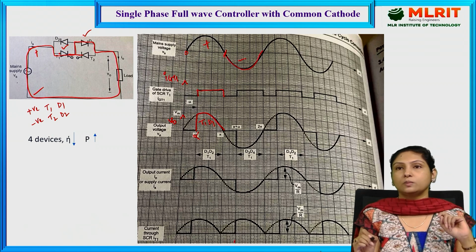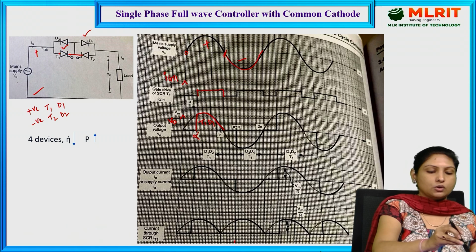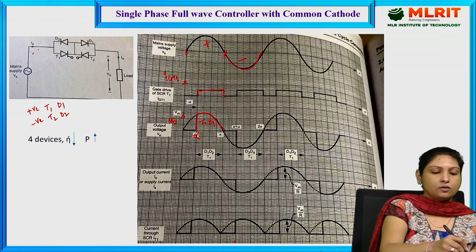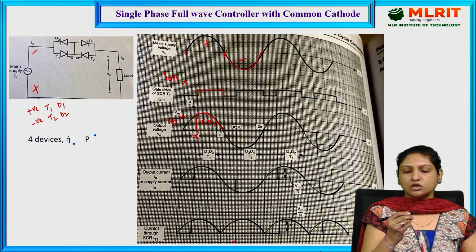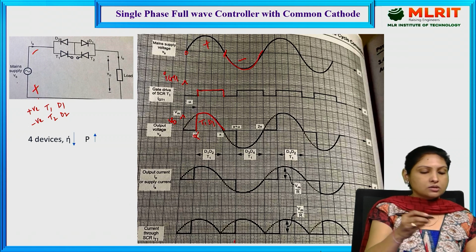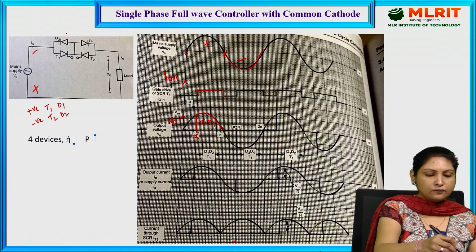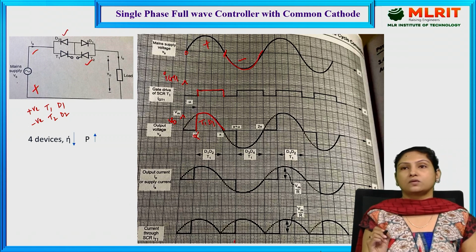The supply voltage will be negative now, due to which the polarities will again be negative, positive. Because of such polarities, now T2 and D2 will be forward biased.